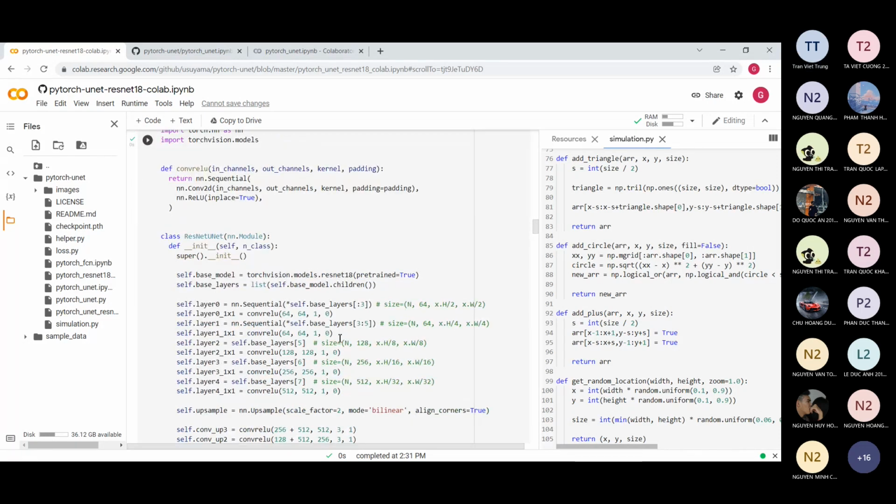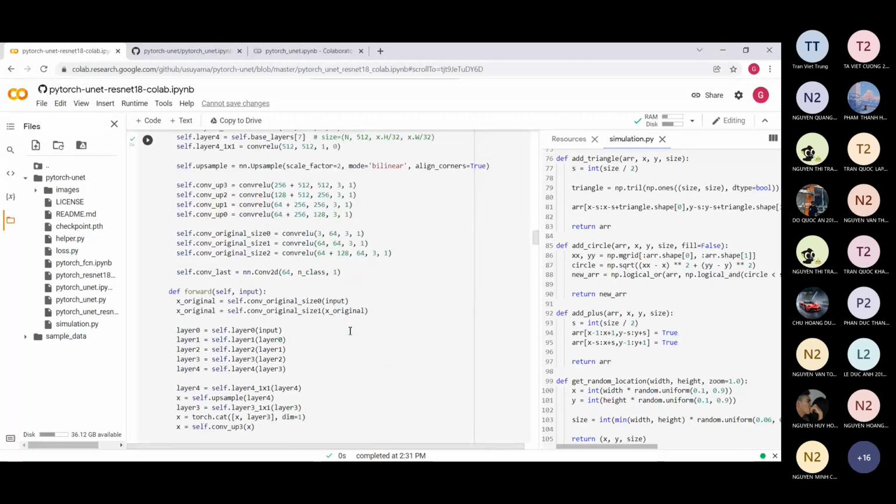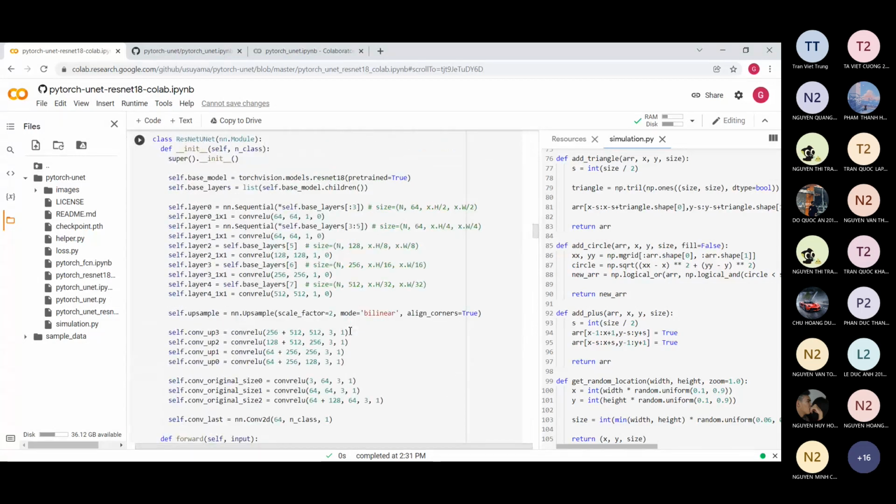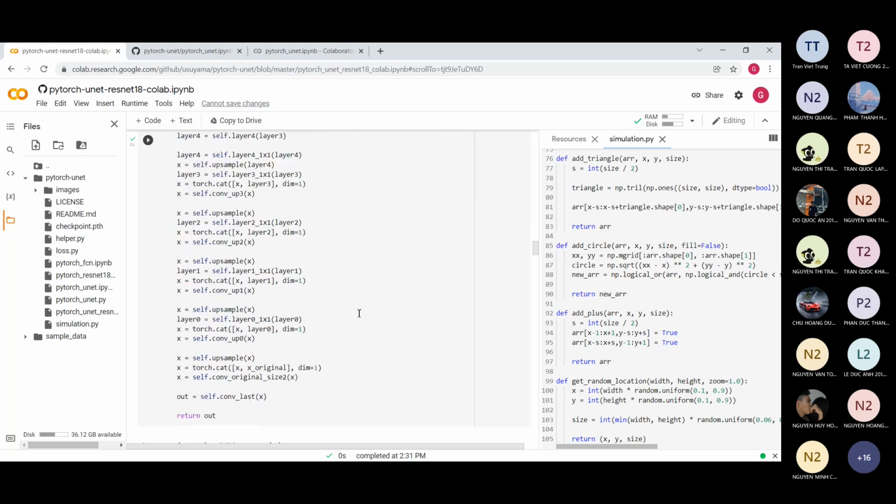And here is the code of the model. Do I need to explain the code of the model? What should I explain to them? I don't see anything special here.